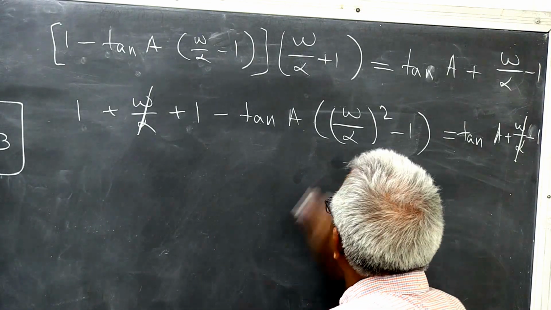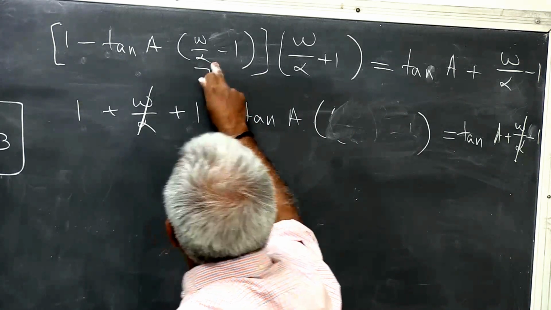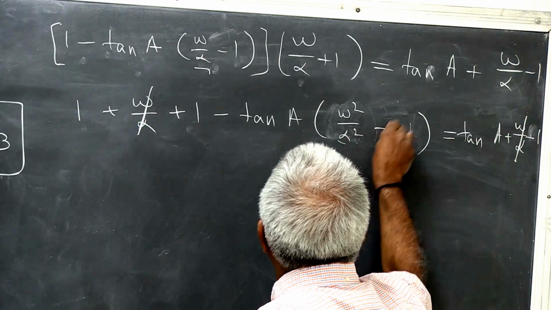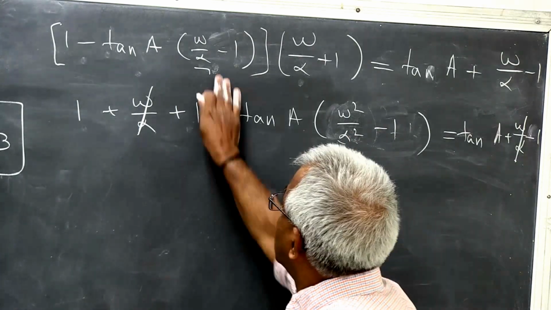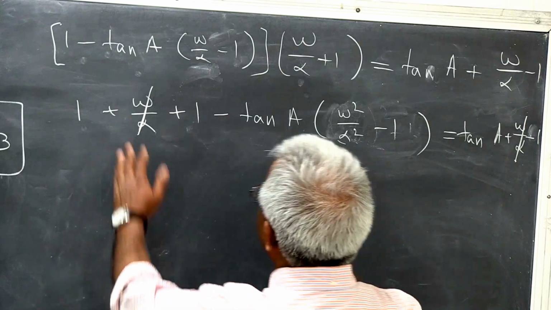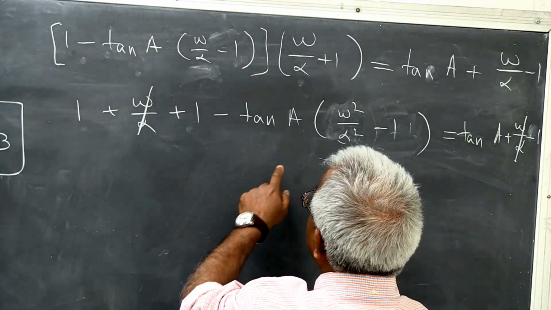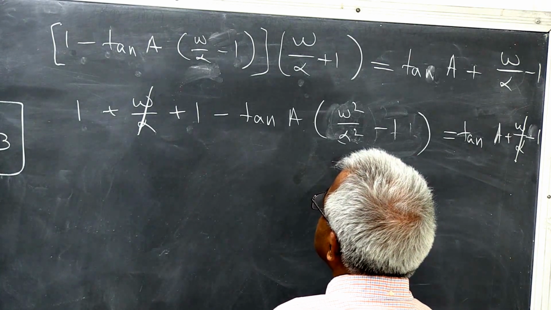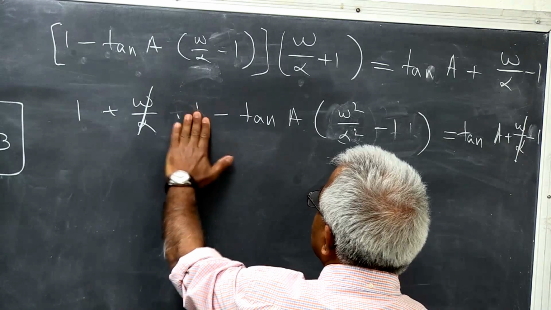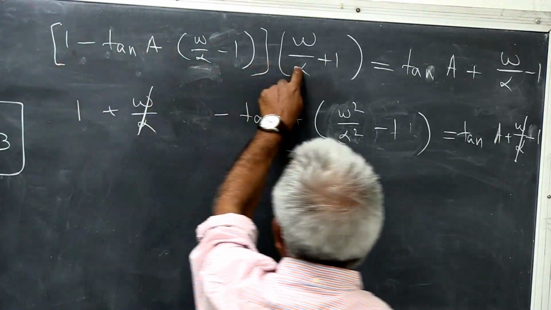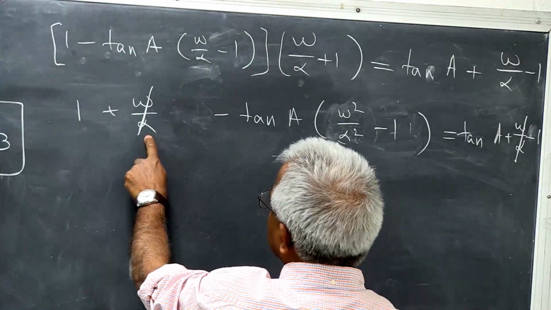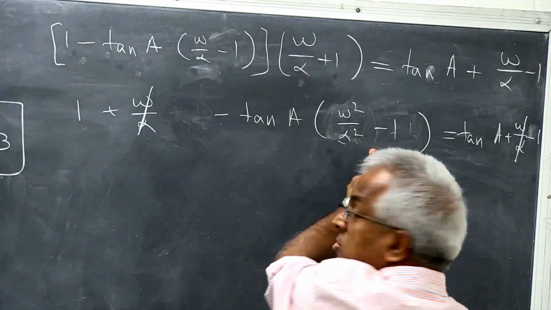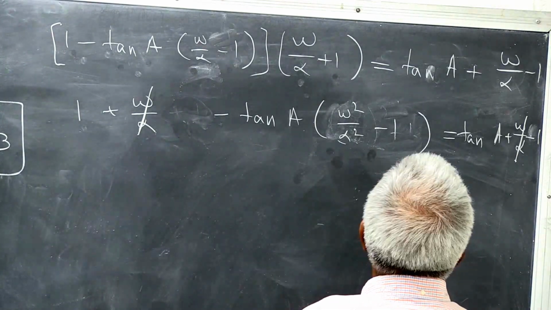Look at this. This is x minus 1, this is x plus 1, so this is omega squared over alpha squared minus 1. Hold on, let's see. So 1 multiplied by this, that's this. Minus tan alpha, this thing multiplied by this, so it is this. You're right. Okay.